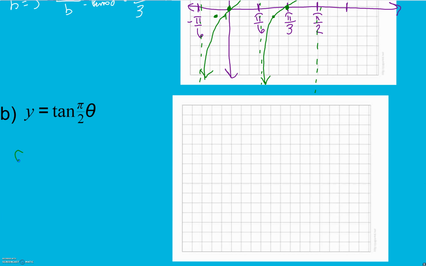Okay, a equals 1, b equals pi over 2. So we have pi divided by pi over 2. So pi times 2 over pi gives me a period of 2.